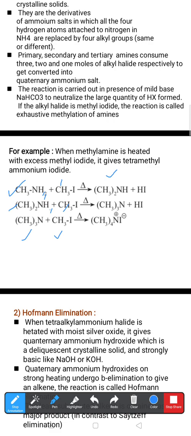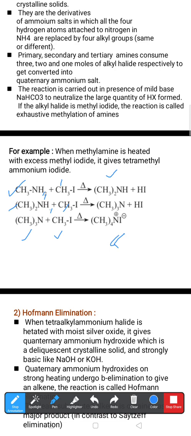So it is tetramethyl ammonium iodide. This final product of the reaction is also called tetraalkyl ammonium iodide or tetraalkyl ammonium salt. Its actual name is tetramethyl ammonium iodide.